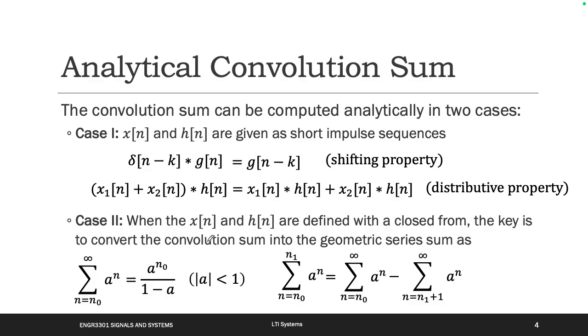Let me write it down, it will be easier for you to understand. You can see the sum from n0 to infinity of a^n actually equals the sum from n0 to n1 of a^n plus the sum from n equals n1 plus 1 to infinity. That makes sense to you? Am I right?